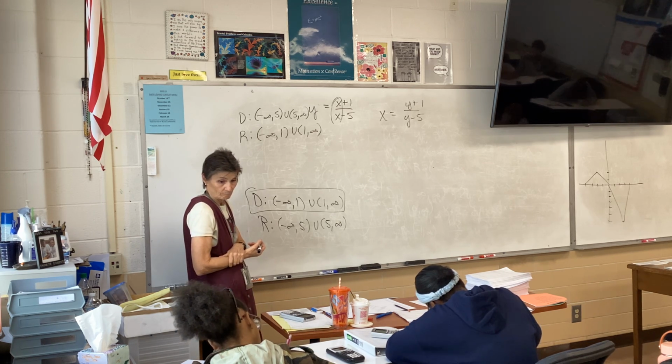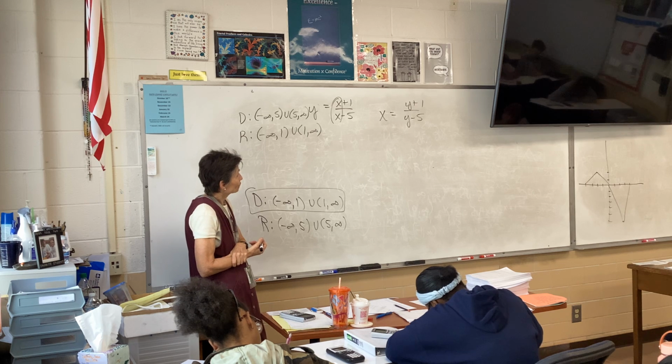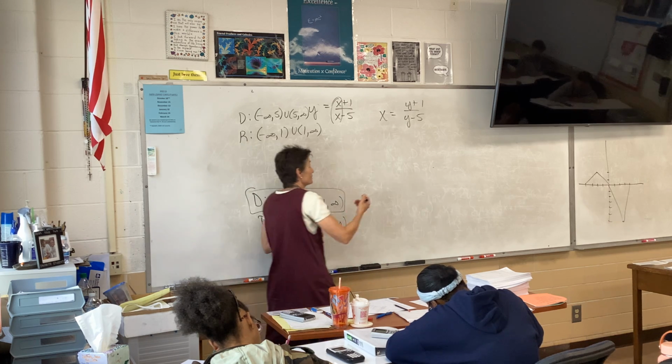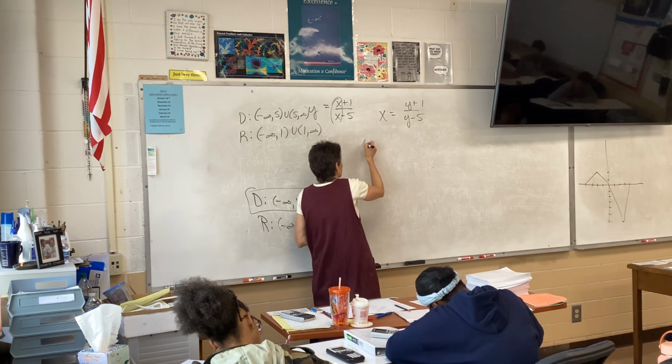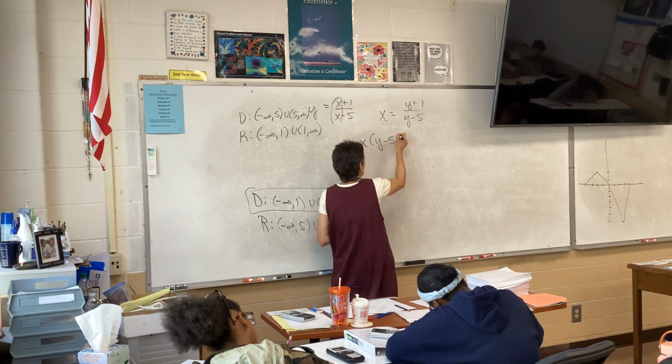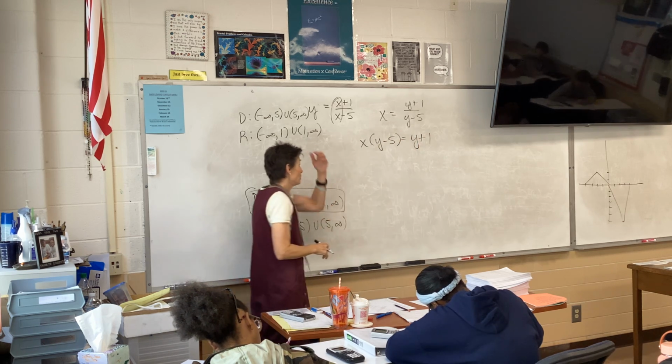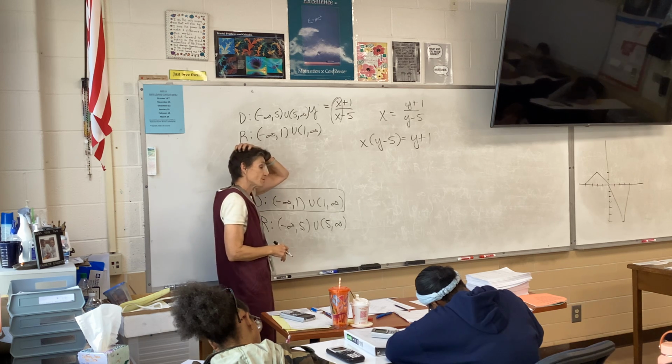Now what? You gotta get y by itself. So we're gonna multiply this over to here. We had some of these in our notes, guys, or at least one like this. So we're gonna move the y minus 5 over to the other side.